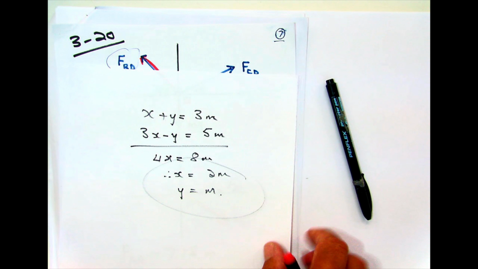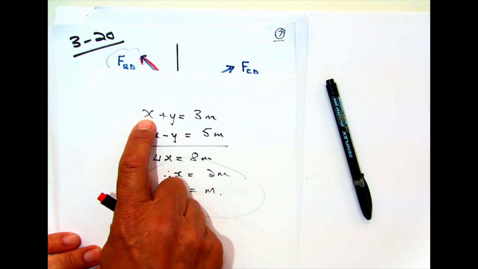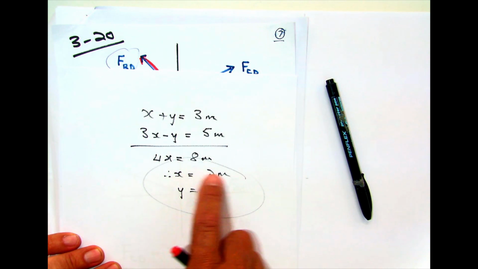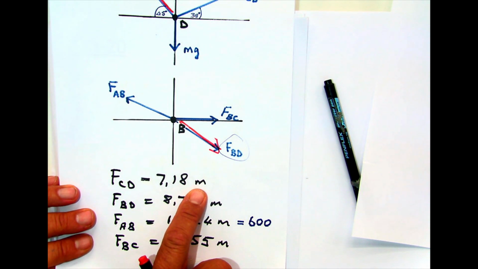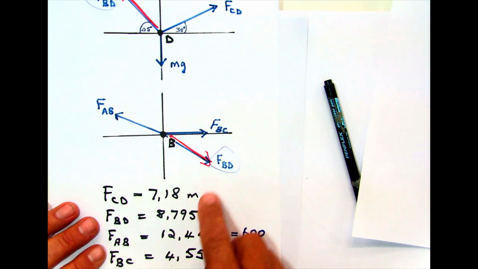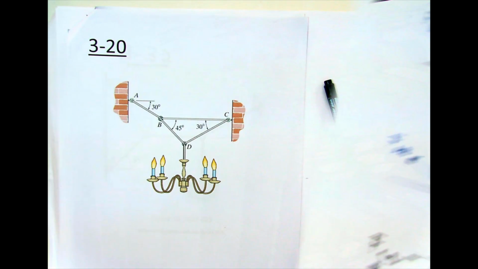Your equations are going to be something like this. So those are going to be F of AB and F of CD, whatever. You're going to get answers in terms of m, the mass. I've multiplied the g in, 9.81. So this is what you get. You know the maximum is 600, so you check which one is the largest. So that one is 600, so that is the one.